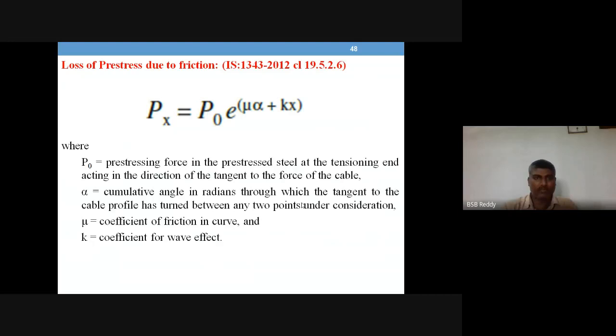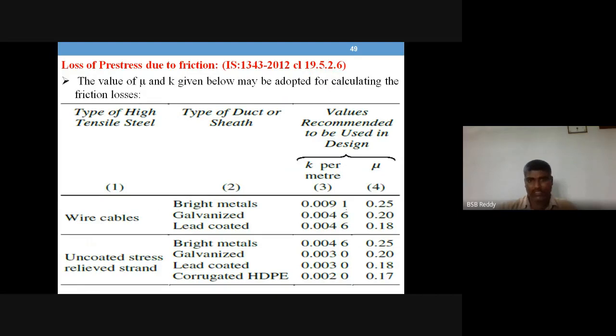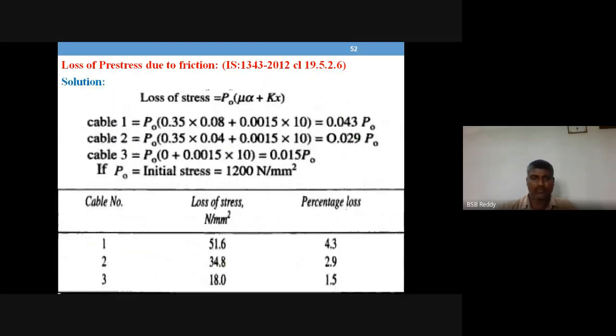And we have a formula to calculate the loss of pre-stress due to friction, and it is available in IS code 1343:2012, clause 19.5.2.6. And we have seen an example also of how we solve this loss of pre-stress value.